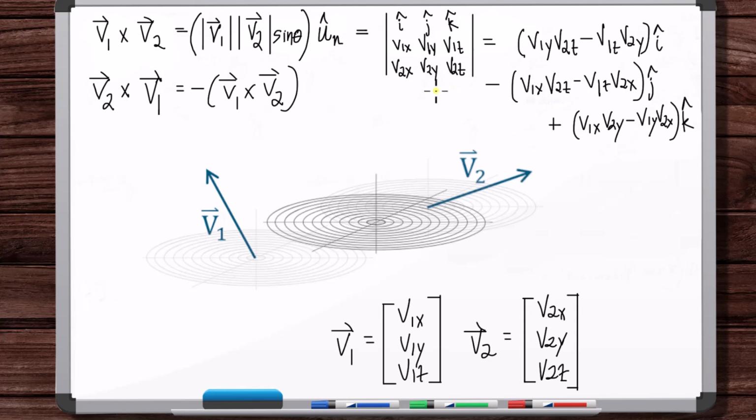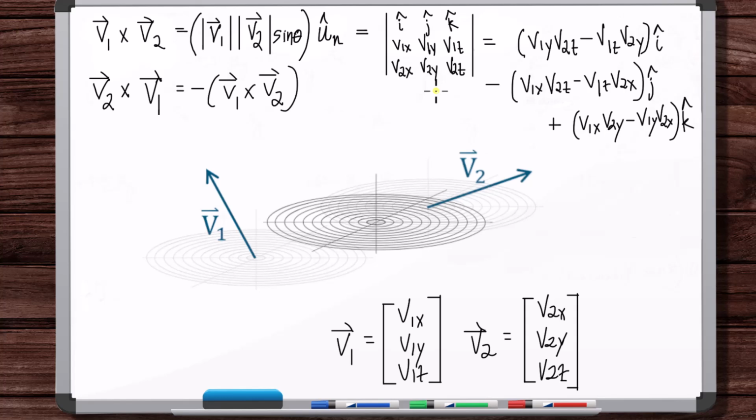Okay, now, note that for all of the operations between vectors that we've talked about, so addition, subtraction, the dot product, the restriction was that the vectors had to be the same dimension. You couldn't dot a 4-dimensional vector with a 3-dimensional vector. You can't add a 4-dimensional vector and a 3-dimensional vector.